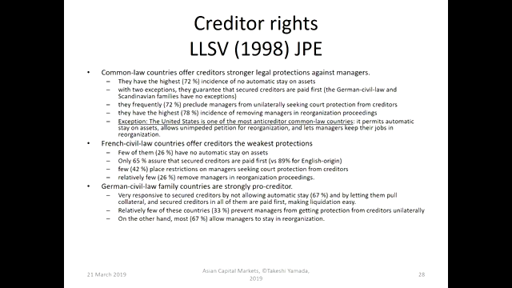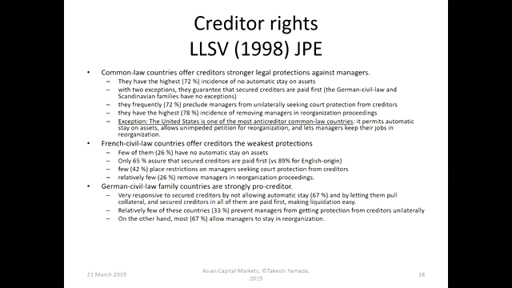And French civil law countries offer the weakest protection for creditors. French civil law countries don't look good in this paper because they already have the weakest shareholder protection, but the creditor protection is also weak. Only 26% have no automatic stay on assets, while common law countries have 72%.